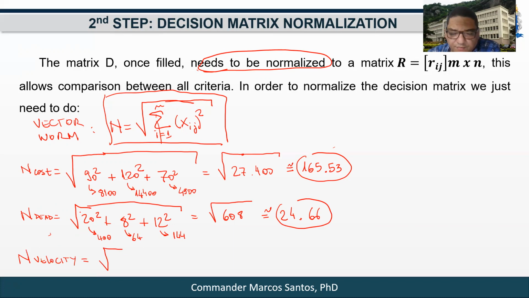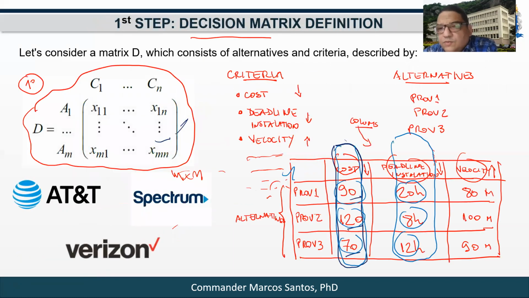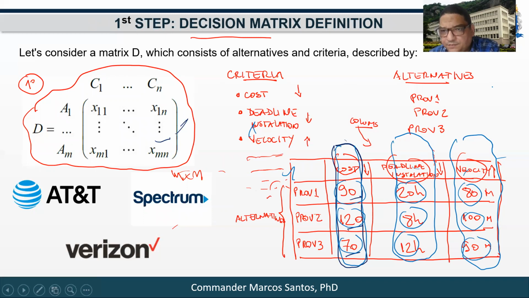The square root, and now we will follow the same train of thought. Velocity here. The square root of 80 squared plus 100 squared plus 90 squared.